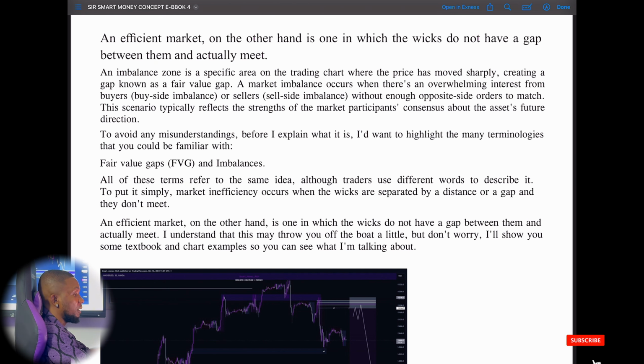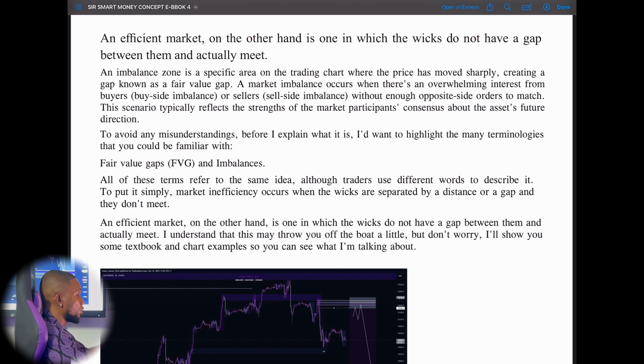That's when we are talking about a market that has already been efficient, a market that has already been balanced, that has no imbalance, right? The wicks might have reached each other. Now, you don't need to worry yourself about the write-ups. I'm going to read this to your perfect understanding, and I'm going to show you examples of these things on the chart.